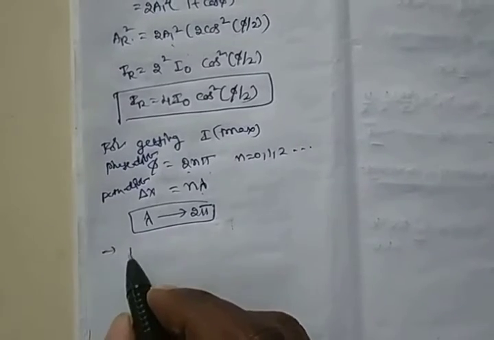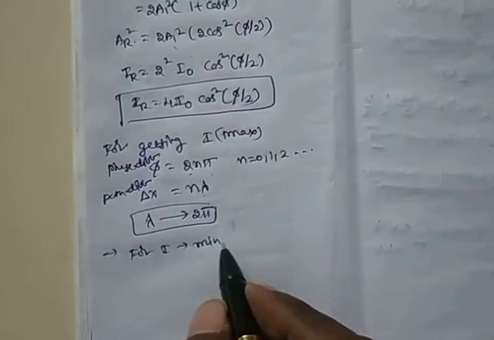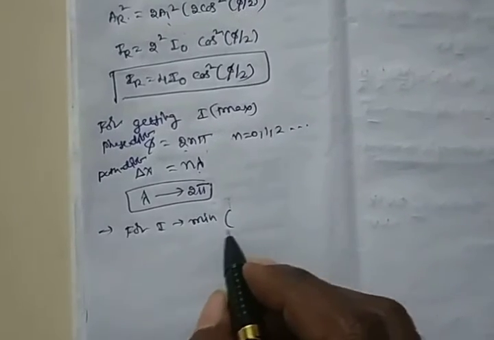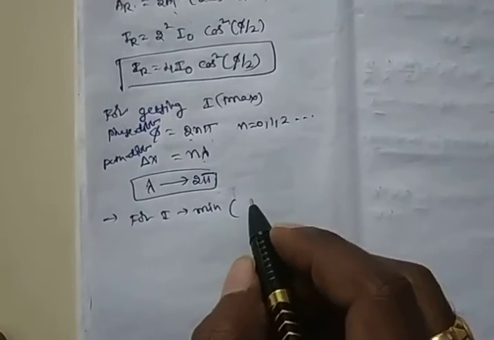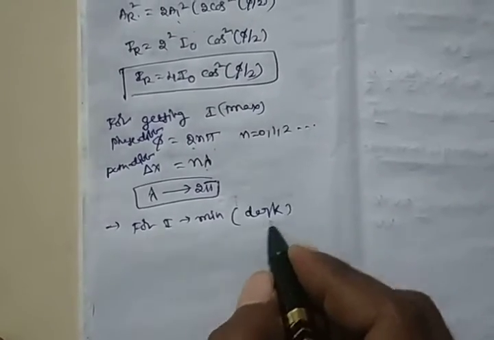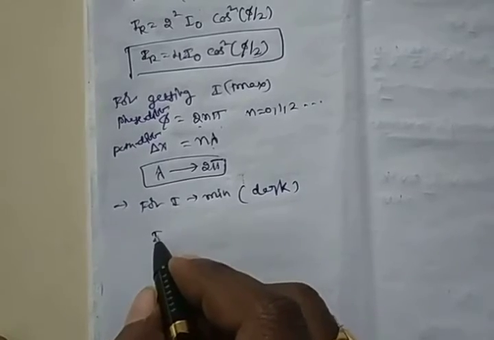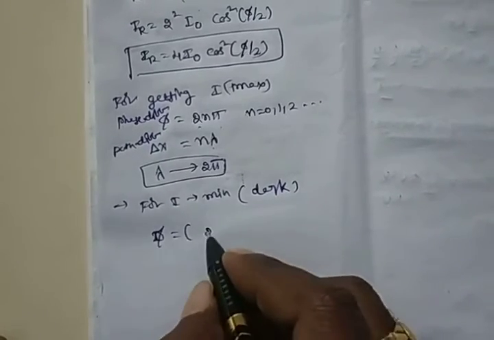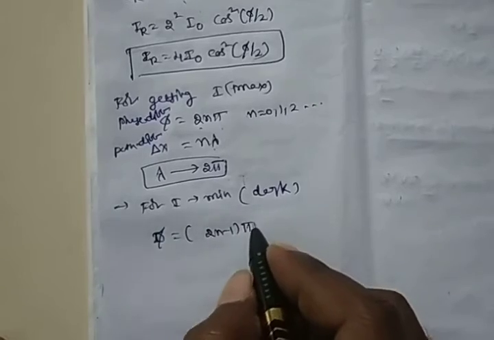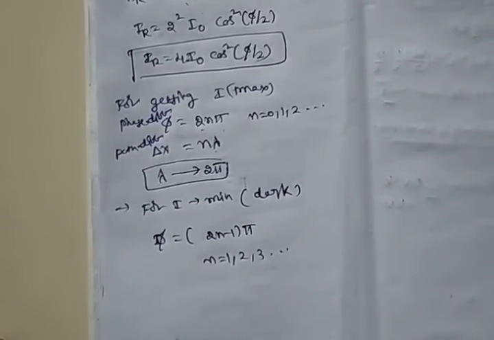Now for I minimum, which is nothing but destructive interference, we will get the dark image or dark fringe. So phi should be 2n minus 1 multiplied with pi, where n is 1, 2, 3 and so on.